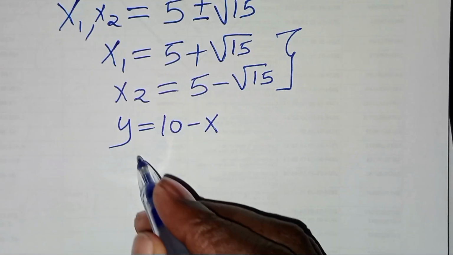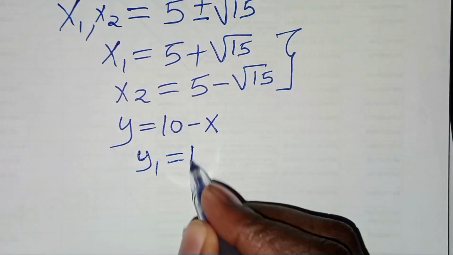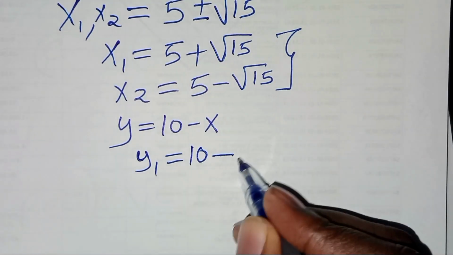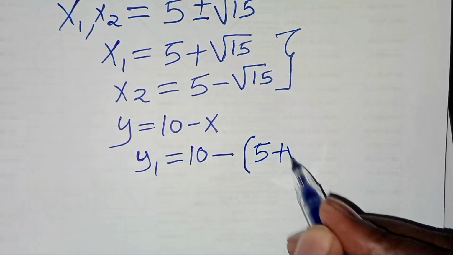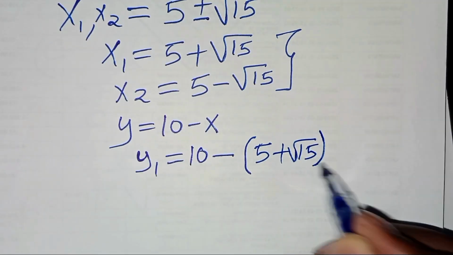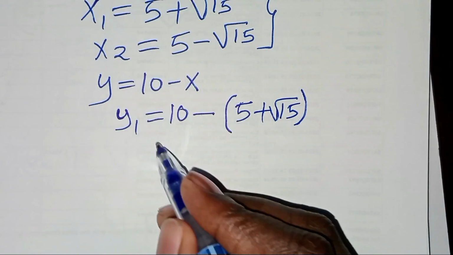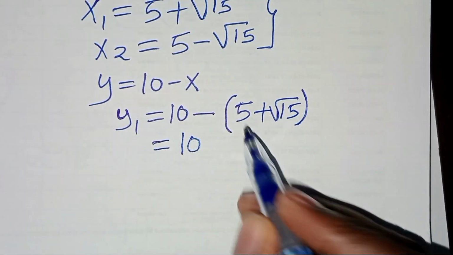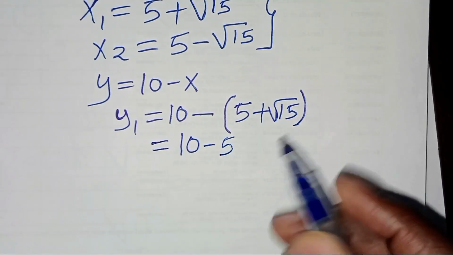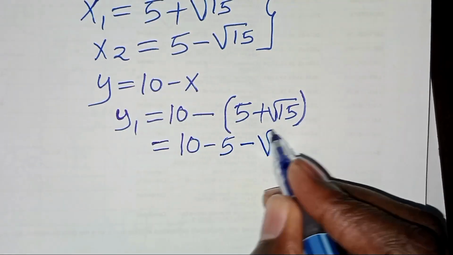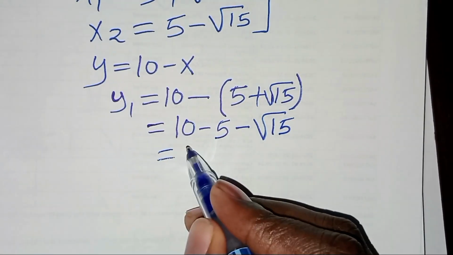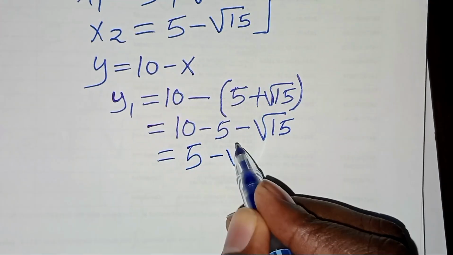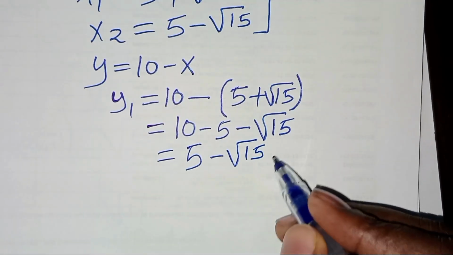Substituting this, y1 is equal to 10 subtract x1. x1 here is 5 plus the square root of 15. This means that this is 10 subtract 5, subtract the square root of 15. So this is equal to 5 subtract the square root of 15. So this is y1.